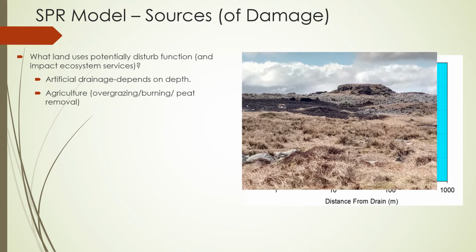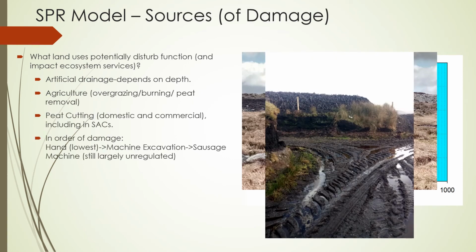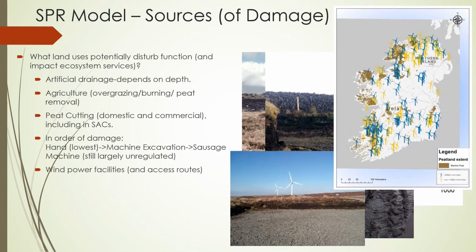We've also got impacts from overgrazing and agriculture, and linked with that we've got peat cutting, with various different methods having different impacts, mechanized methods generally causing more damage. And then more recently we have the impact of wind powered facilities, and that includes not only the facilities themselves but the access roads and the drainage associated with that.